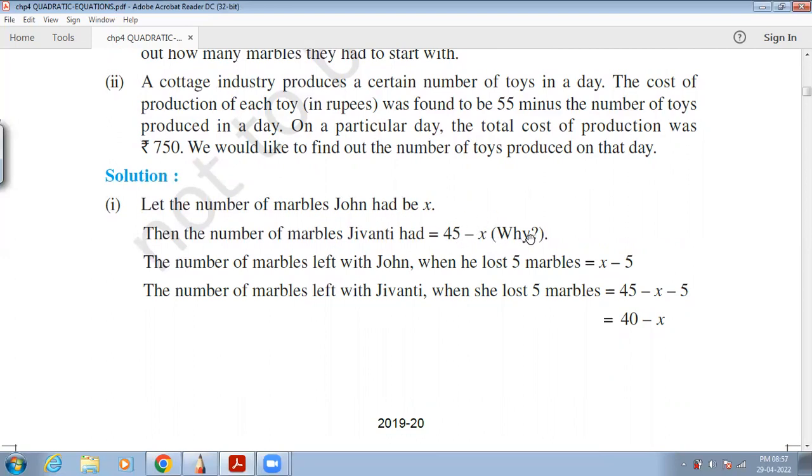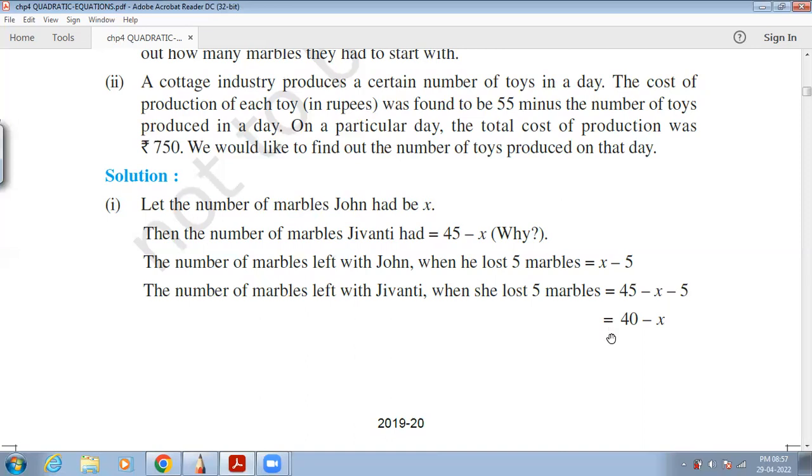So you understood why it is 45 minus x, right? Because the total marbles both of them had was 45. So if John has x, then Jivanti will definitely have 45 minus x. So the number of marbles left with Jivanti when she loses 5 marbles is 45 minus x minus 5, which is 40 minus x.